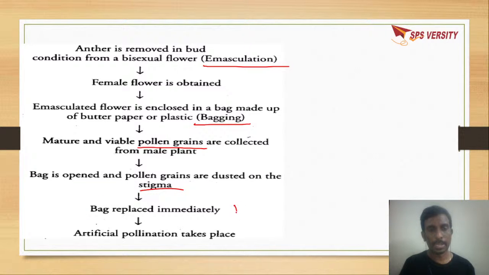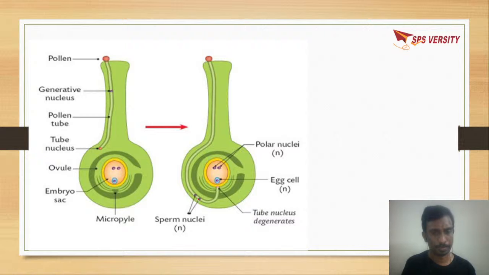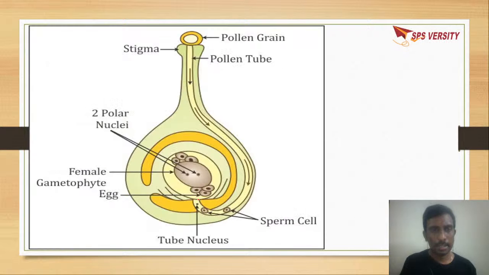Again rebagging, immediately it is done after artificial pollination, then fertilization takes place. Okay. So here, as and when the pollen grain falls on the stigma, whether by artificial means or natural means, it will form the pollen tube.